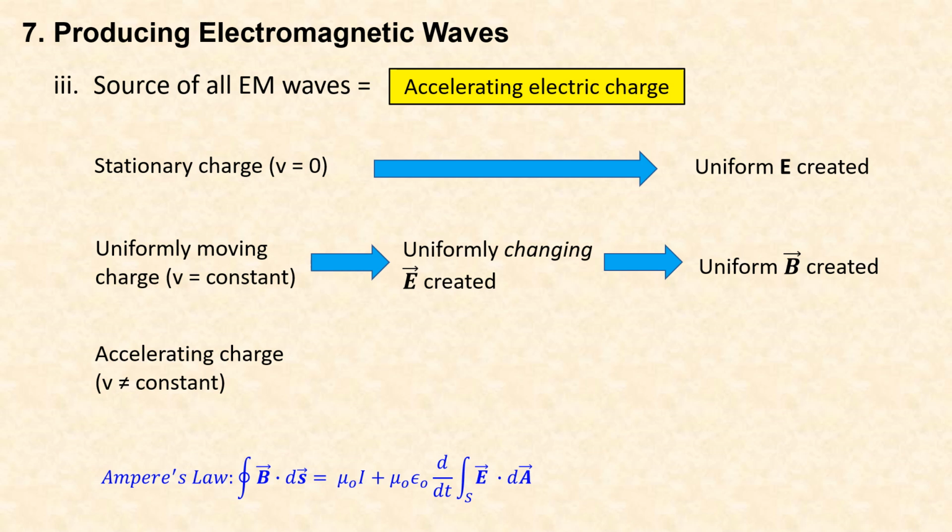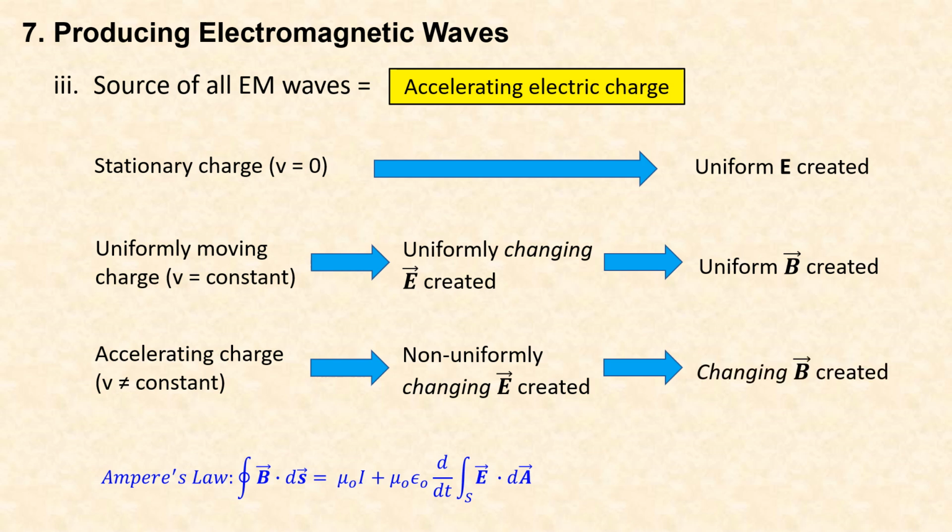When that particle moves at a non-constant speed or accelerates, it now creates a non-uniformly changing electric field. And according to Ampere's law, if that electric field changes non-uniformly in time, then that means that the magnetic field that gets created by it also must change in time.